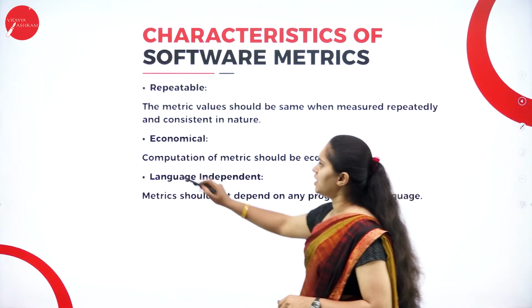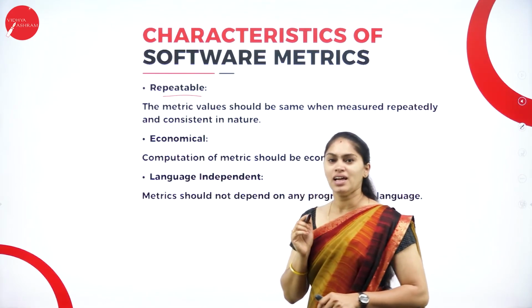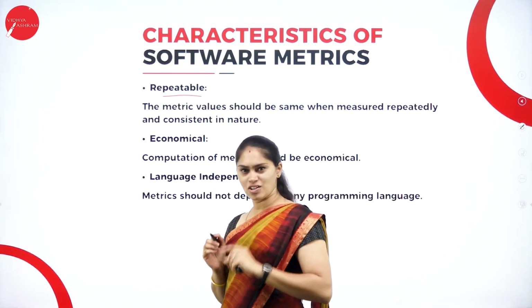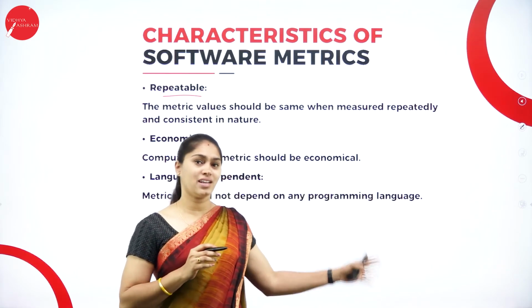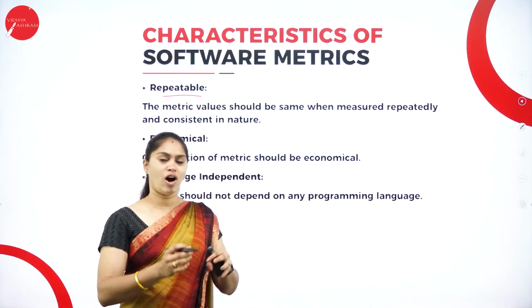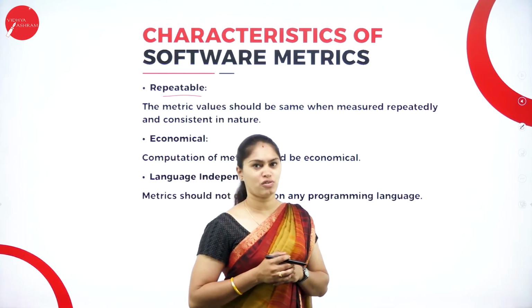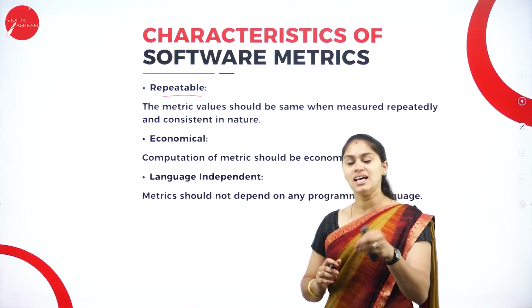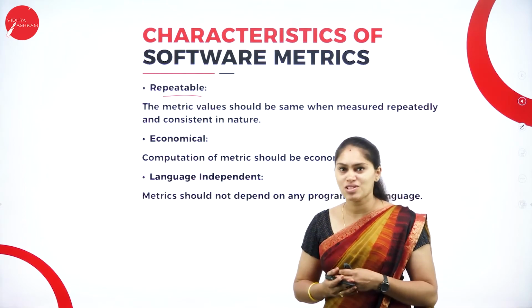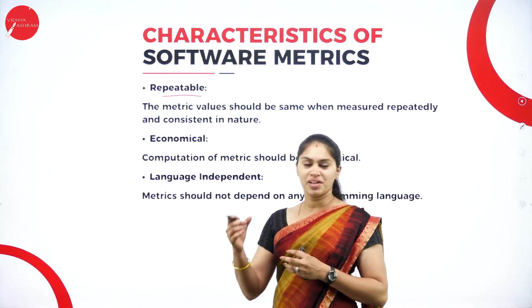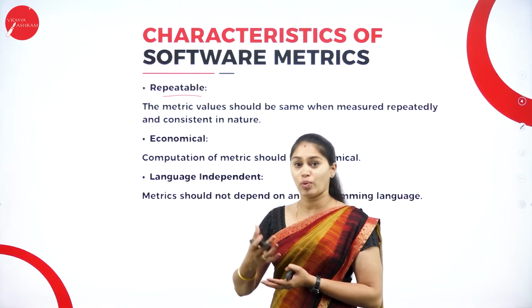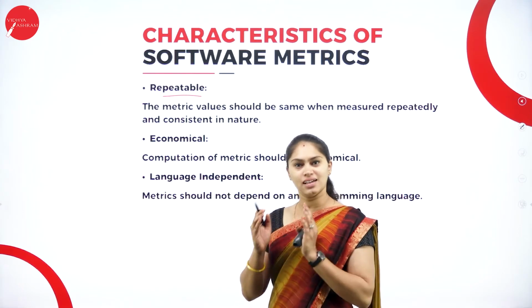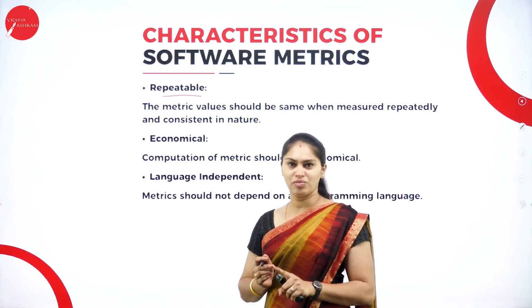Next, what we have? Repeatable. For example, if you want to weigh 1 kg of tomato, will you buy a new weighing machine, and after weighing that 1 kg of tomatoes, will you throw it away? No, right? That means repeatable. It needs to be reusable. At 11 o'clock, if I am measuring the quantity of those tomatoes on the weighing machine, it has to show me 1 kg.